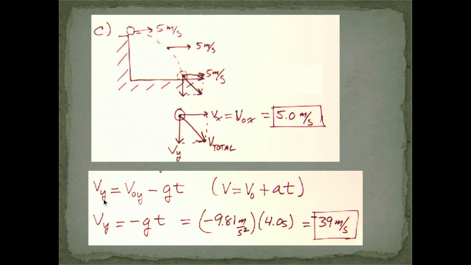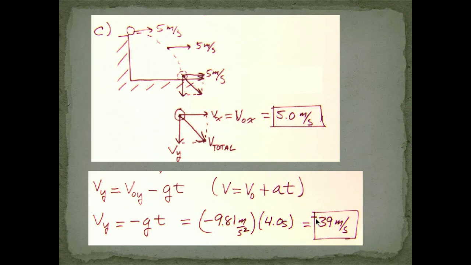So here are our formulas that we can use for velocity in the y direction. We could use V equals V naught plus at, but remember a is g, initial velocity is 0 in the y, so its final speed before it hits would be its acceleration times the time. Time is 4 seconds, so it should be 39 meters per second.